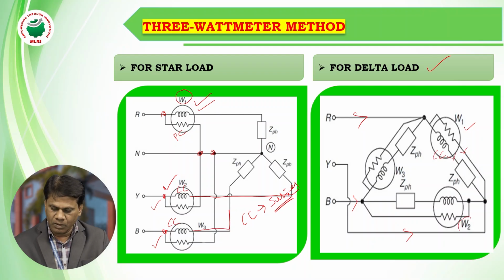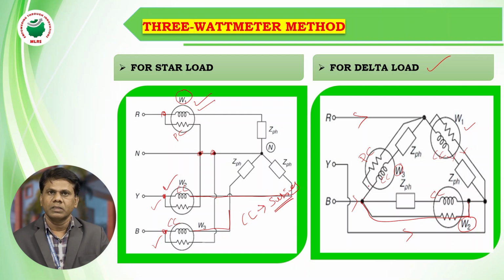Similarly, wattmeter 2 and wattmeter 3 have their current coils connected in series with the line and their pressure coils connected between two lines. So this is how one wattmeter is connected in each phase to measure the power in that particular phase.